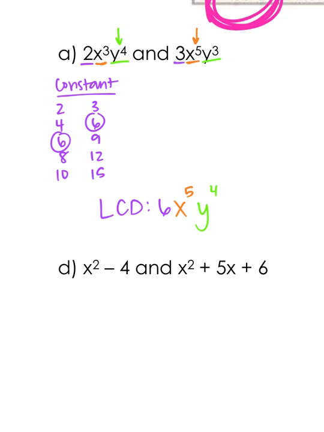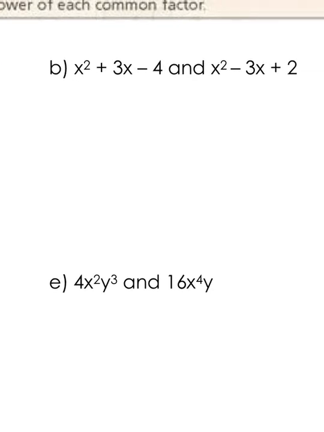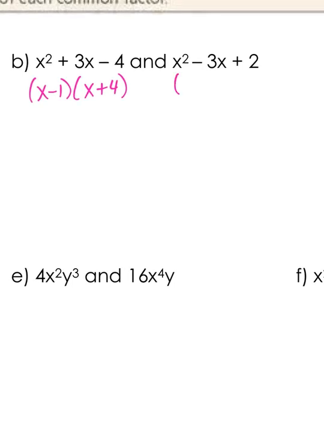Okay, but what about if we have to factor some things? So we're going to go ahead and factor these. This is going to factor to x minus 1 and x plus 4. And this one is going to factor into x minus 1 and x minus 2.